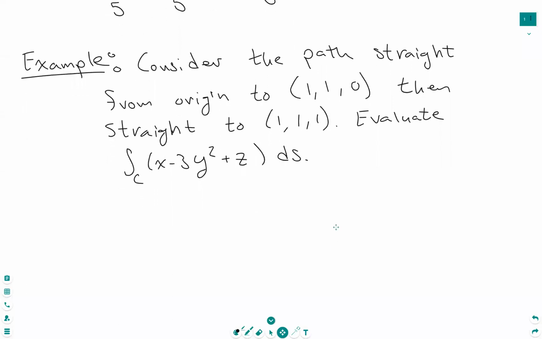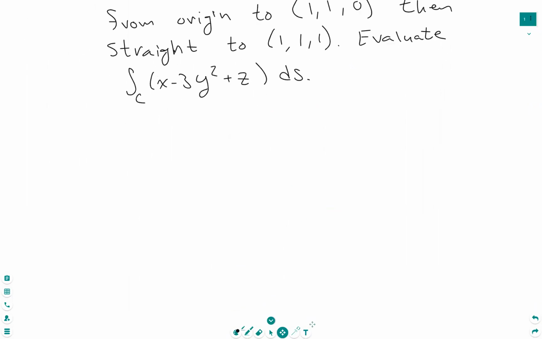Okay, let's pick back up. So we're going out from the origin to the point 1, 1, 0, and then we go straight from 1, 1, 0 out to 1, 1, 1. So what's kind of happening here? Let's do a quick plot. So we have our x, y, and z.